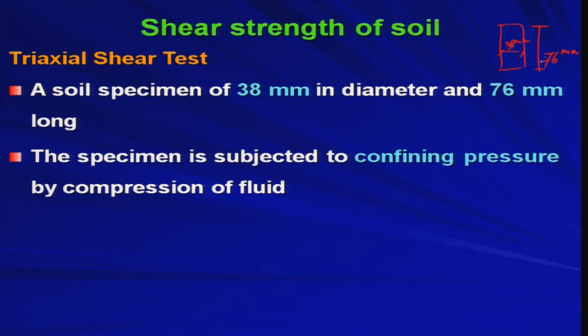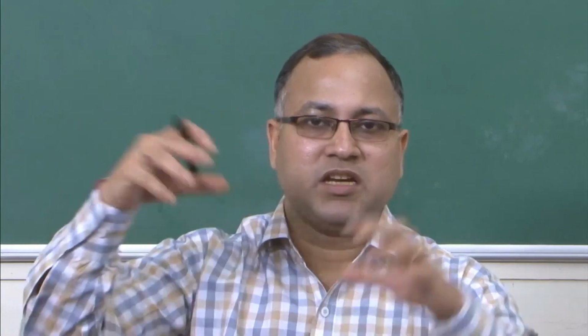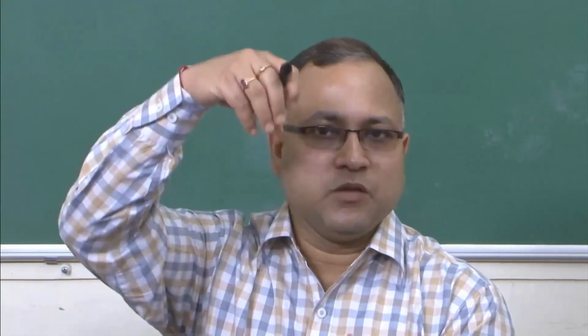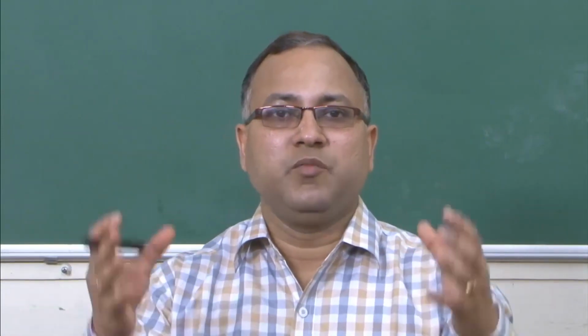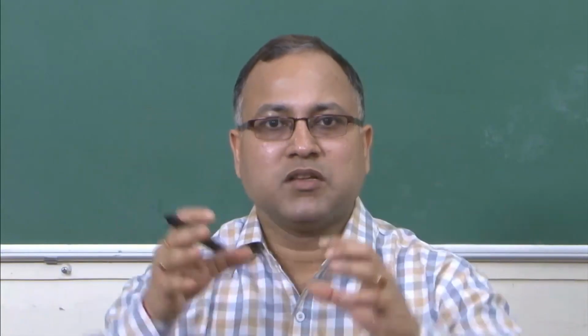Basically, you place the soil sample and apply the confining pressure, that means some pressure all around, radial as well as axial, the same amount in all directions, by compression of fluid. Generally this fluid is water. You put water inside a chamber, and in that chamber you put the soil sample, and that water pressure will be exerted on the soil specimen.